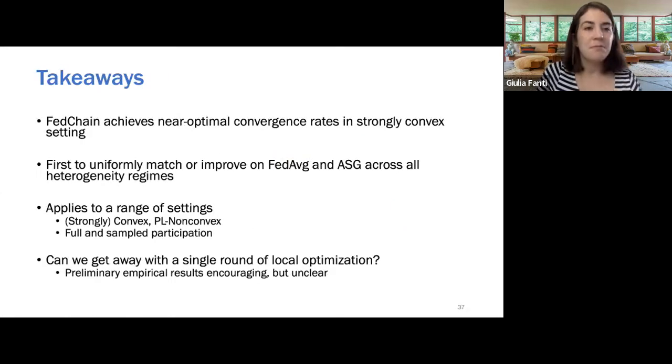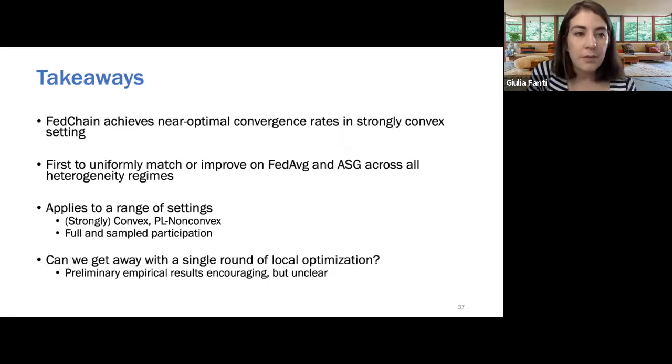So that's basically all I wanted to share with you today. The takeaways from today's talk are that, first of all, FedChain achieves near optimal convergence rates in the strongly convex setting and achieves improved convergence rates across a variety of settings, including strongly convex, general convex, and PL non-convex.